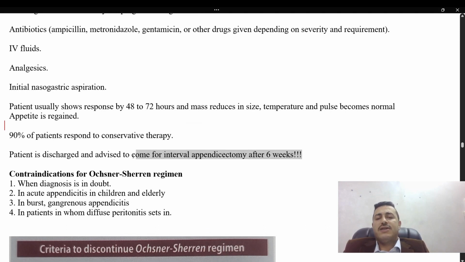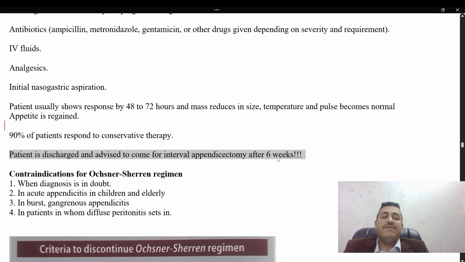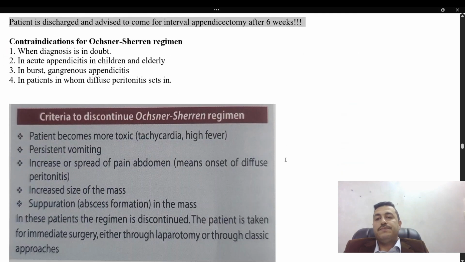This is not true, this is actually from one of my literatures. The patient is discharged and advised to come for interval appendectomy after 6 weeks. This is an old recommendation actually. Now we advise to proceed further with your investigations. It's not mandatory to do interval appendectomy.